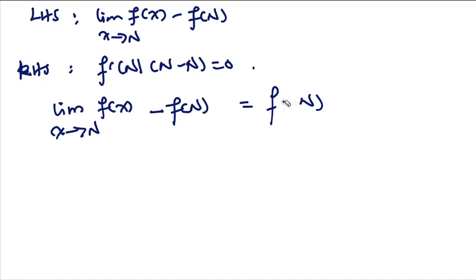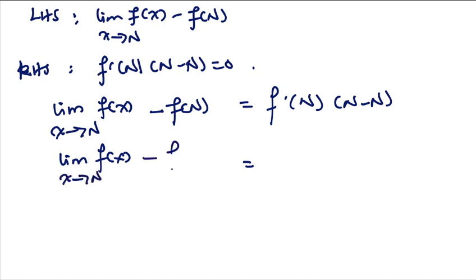times n minus n, or in other words, it can be rewritten as limit of f(x) as x approaches n minus fn equals 0, isn't it? Because this one equals 0.